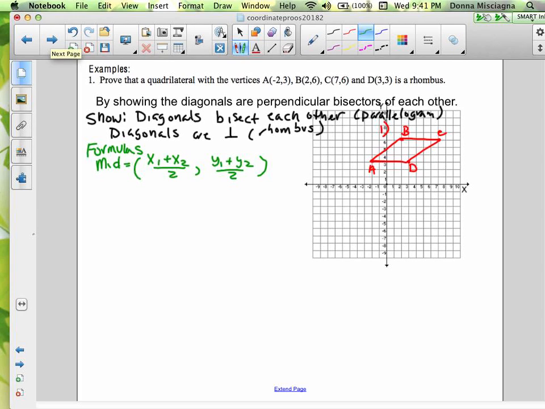And then to show the diagonals are perpendicular, that would be slope. So the difference in the y-coordinates divided by the difference in the x-coordinates, and that's our two formulas. All right, so now are the work.